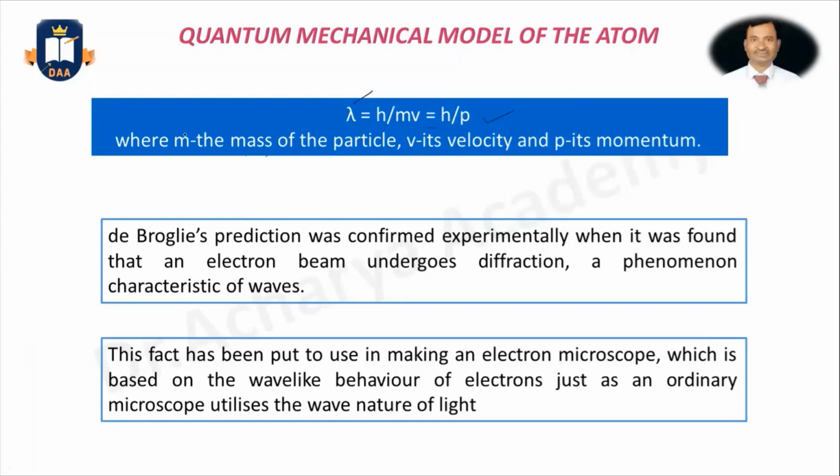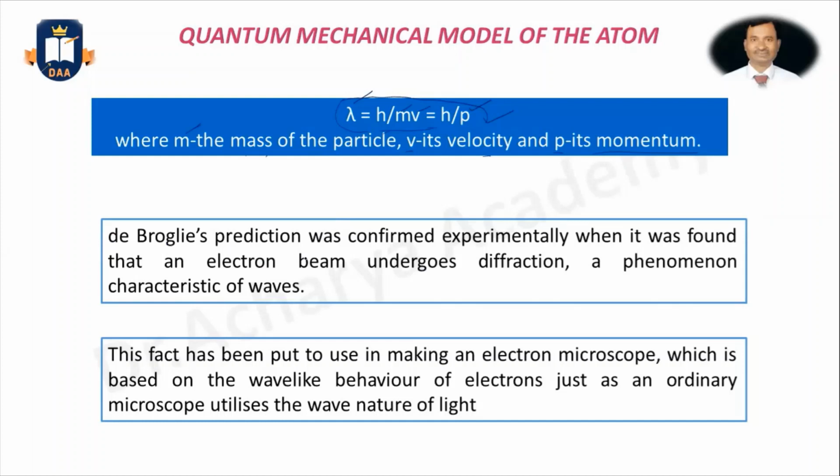This lambda is the wavelength, m is the mass of the particle, v is its velocity, and p is its momentum. So momentum p and lambda have a relation by this equation. We have to remember this.